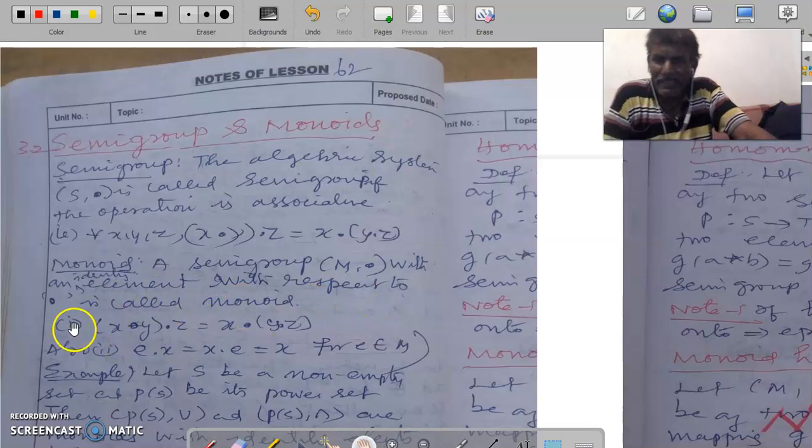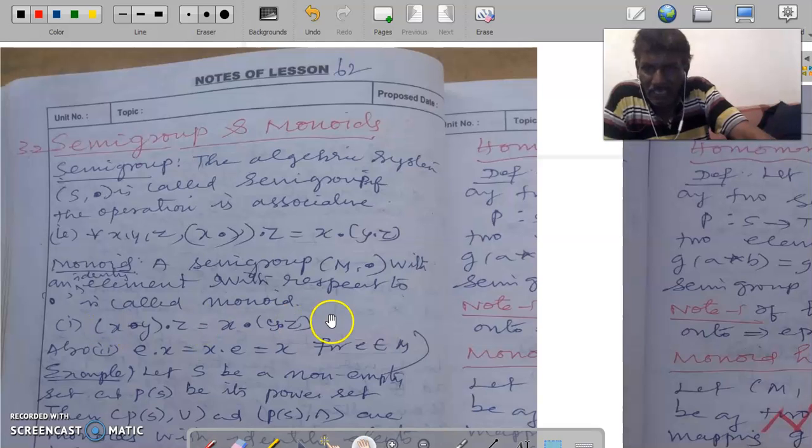Otherwise, in a mathematical way, we can say like this: associative, and it should have an identity element. So associative means (x dot y) dot z equals x dot (y dot z).